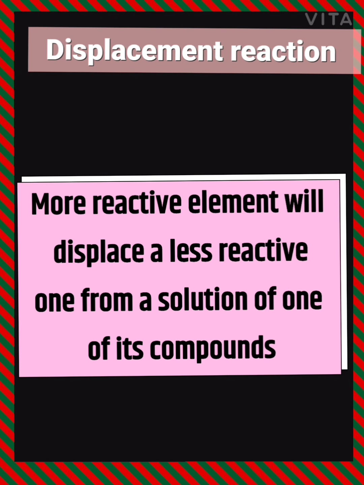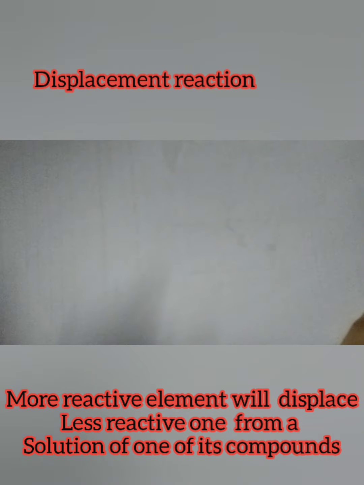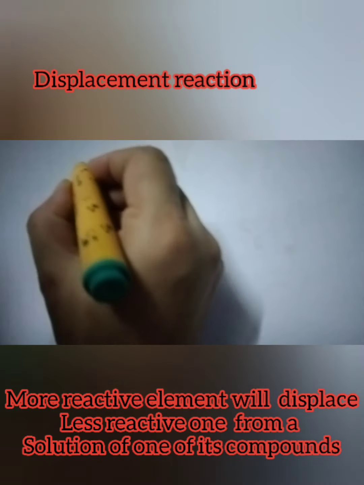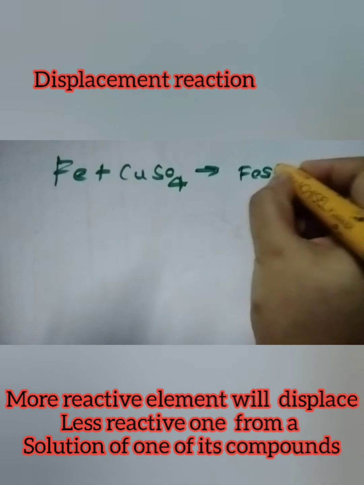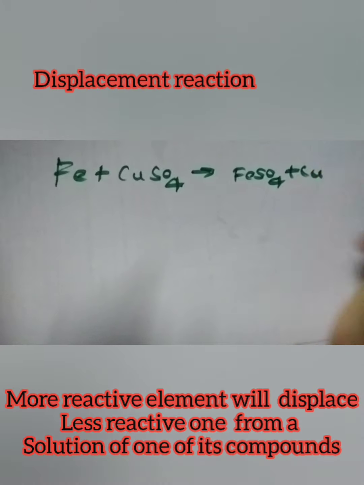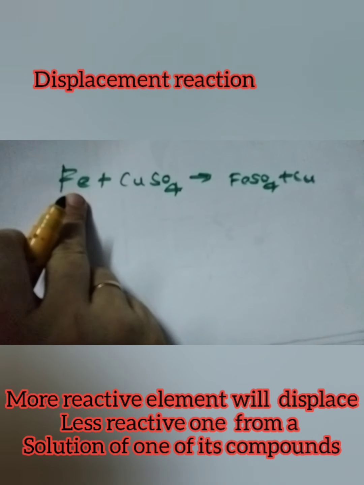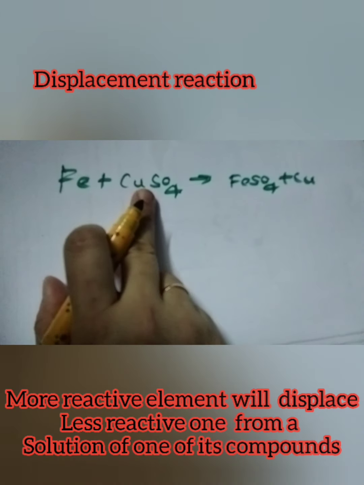Here a more reactive element will displace a less reactive one from a solution of one of its compounds. Let us take an example for the displacement reaction. Here iron combines with copper sulfate and gives you iron sulfate and copper. Iron is more reactive, so it displaces copper from its compound.